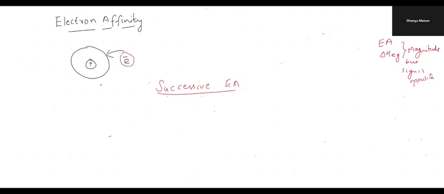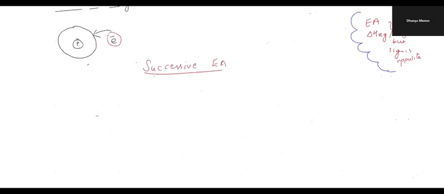Suppose I have an atom, a gaseous atom. It attracts an electron and forms an ion. And this is electron affinity 1.